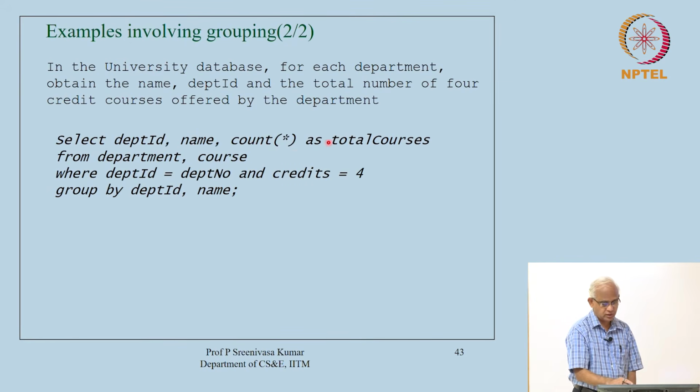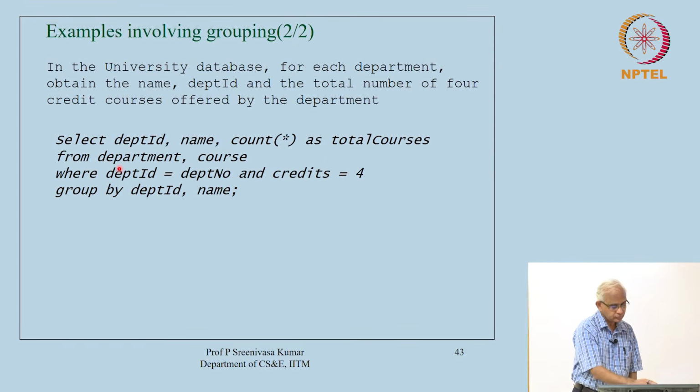So, count star as total courses from department and course, where department ID should be equal to the department number. Department uses department ID, course uses department number to indicate the offering department for the course, and credit should be equal to 4.